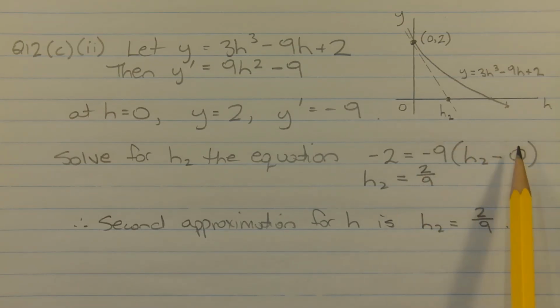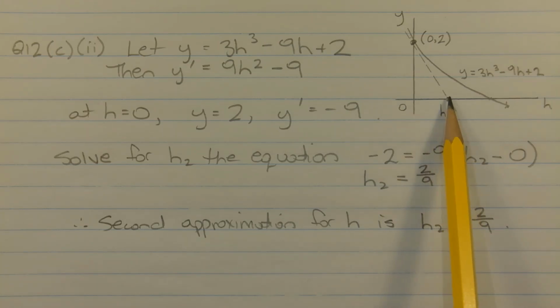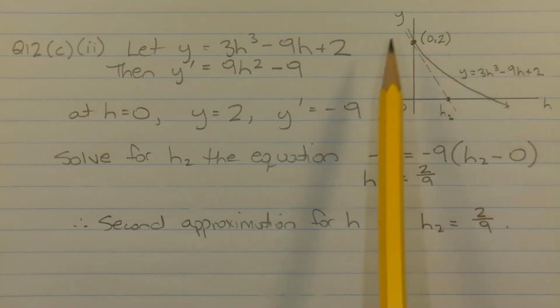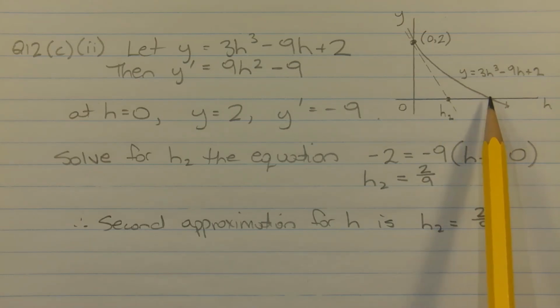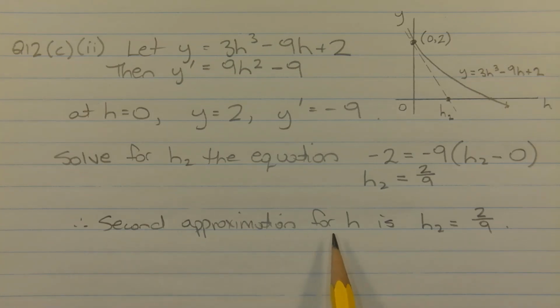Expanding the brackets, we get negative 2 is equal to negative 9 times h2. Dividing both sides by negative 9, we get h2 is equal to 2 over 9. So that'll be somewhere here. Now, this diagram is not drawn to scale, but it's certainly closer to the 0 of the function than our first approximation. Therefore, the second approximation for h is h2 is equal to 2 over 9.